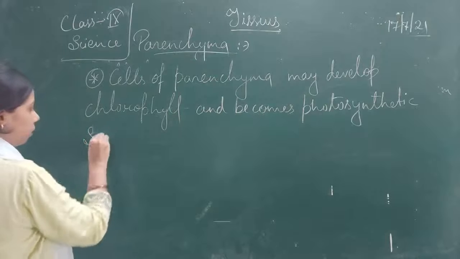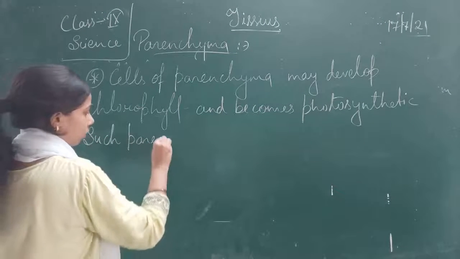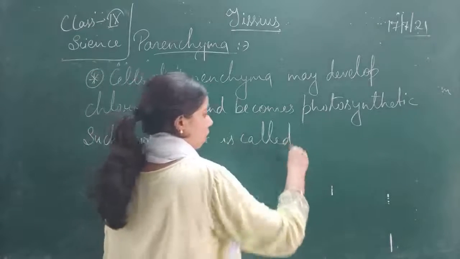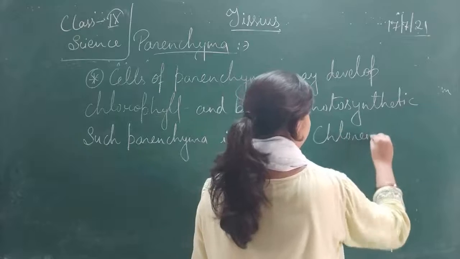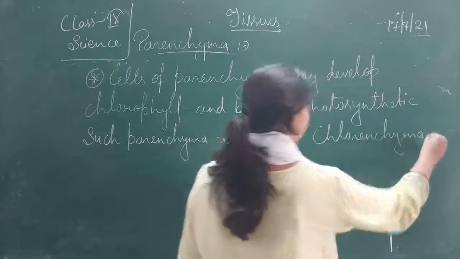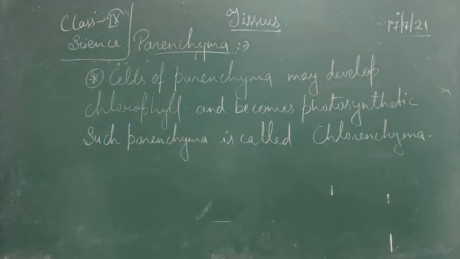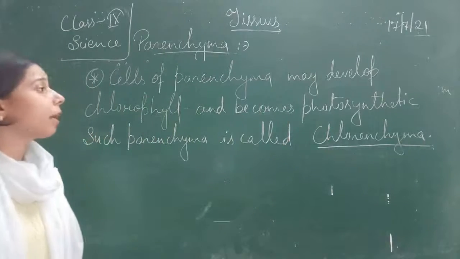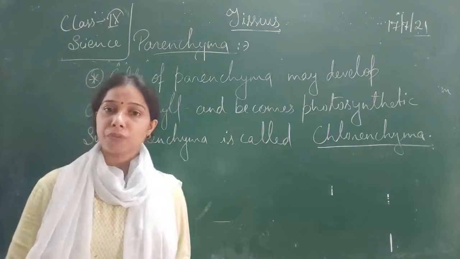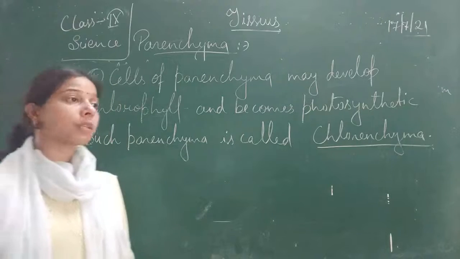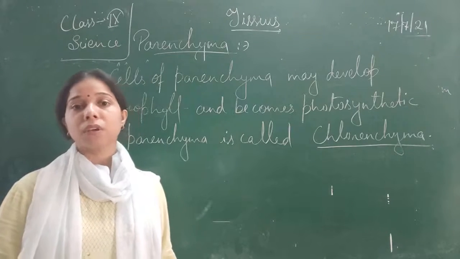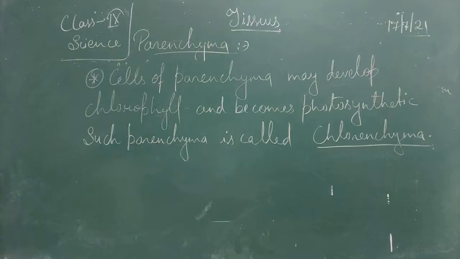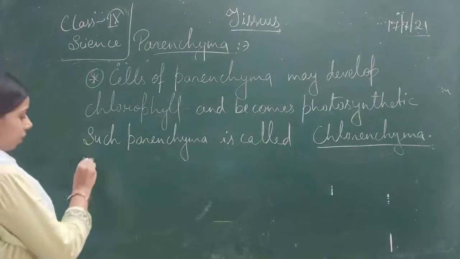Such parenchyma is called chlorenchyma. So cells of the parenchyma may develop chlorophyll, and having chlorophyll means they are actually photosynthetic. These are chlorenchymatous, it means they show the process of photosynthesis.